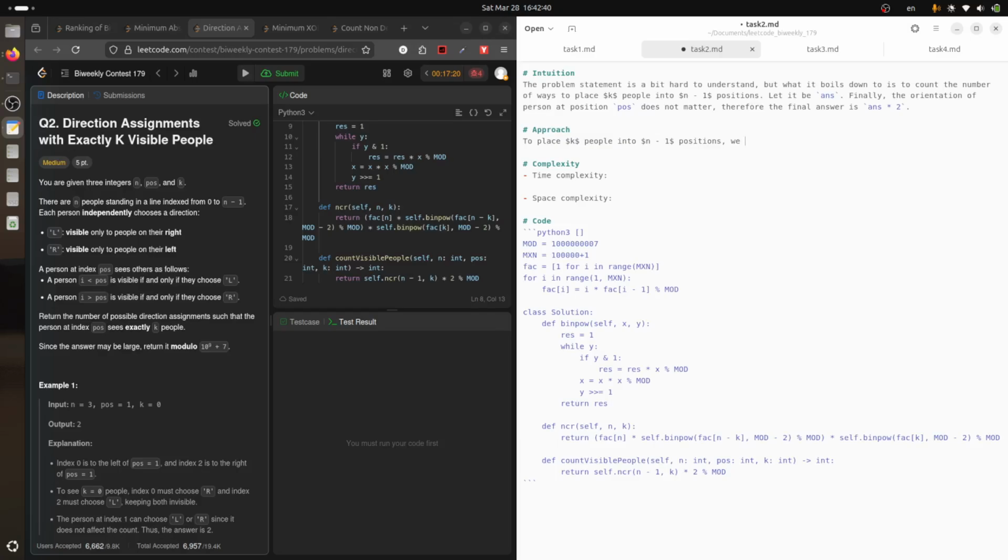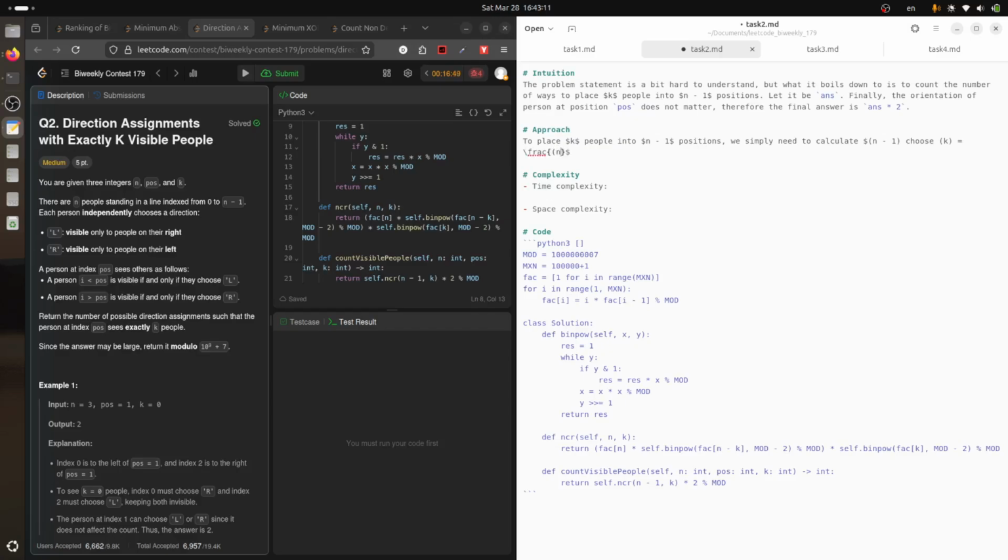We simply need to calculate n-1 choose k, which is equal to the fraction n-1 factorial over k factorial times n-1 minus k factorial.